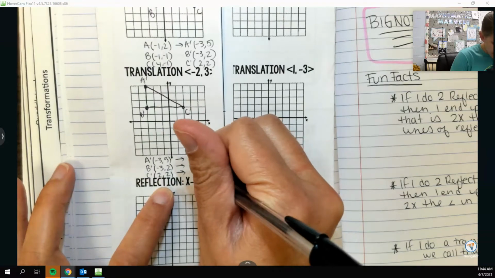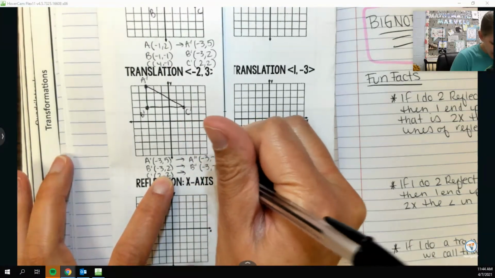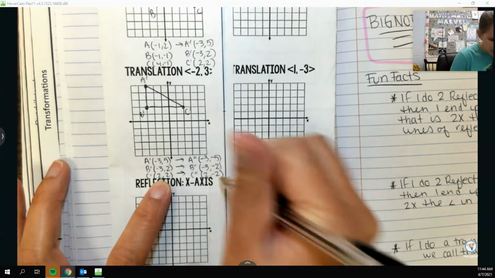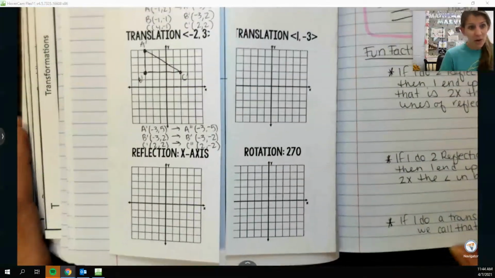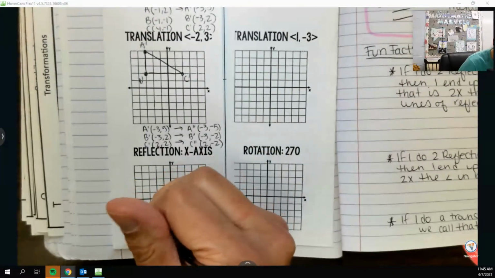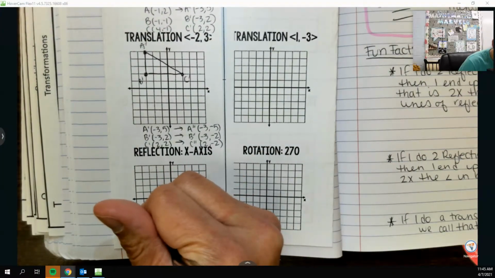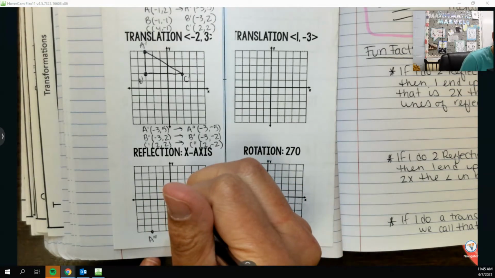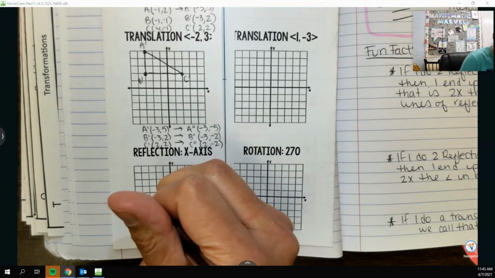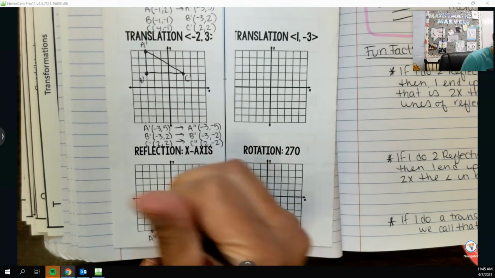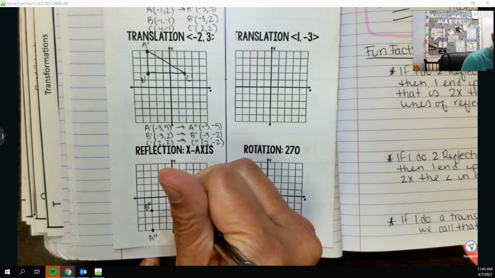B double prime, -3, -2, and then C double prime at 2, -2. And then we could go plot that one. So -3, -5 puts A down here, or A double prime rather. And then B double prime will be at -3, -2. And then C double prime at 2, -2.